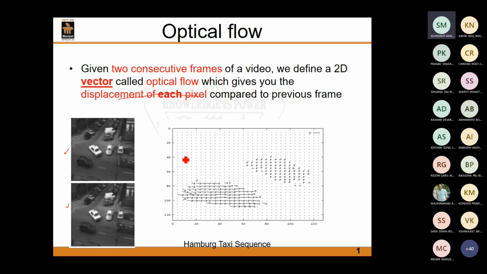Now, if you observe this particular image, this pattern represents this black car over here, and this pattern over here represents the red car. Sorry, the white car, which is shown over here.